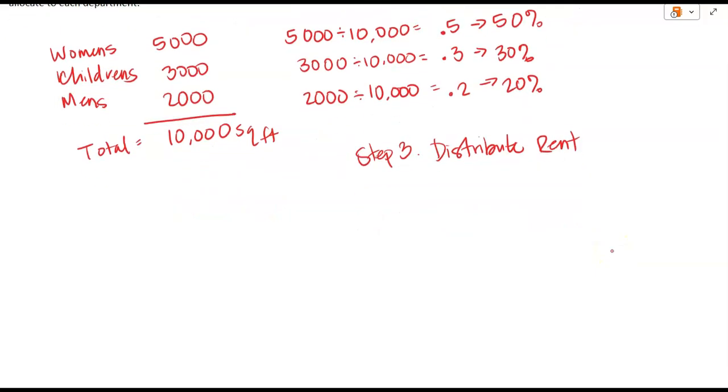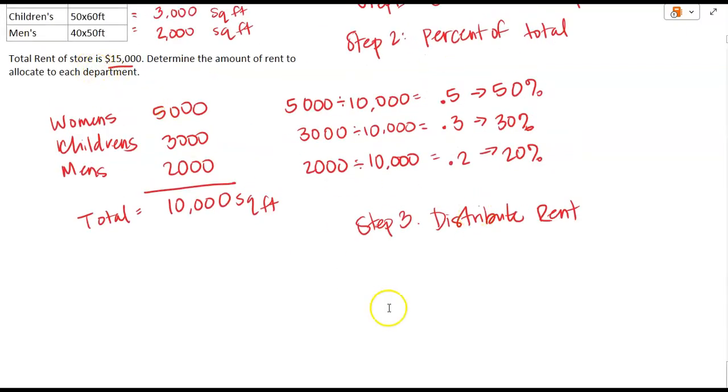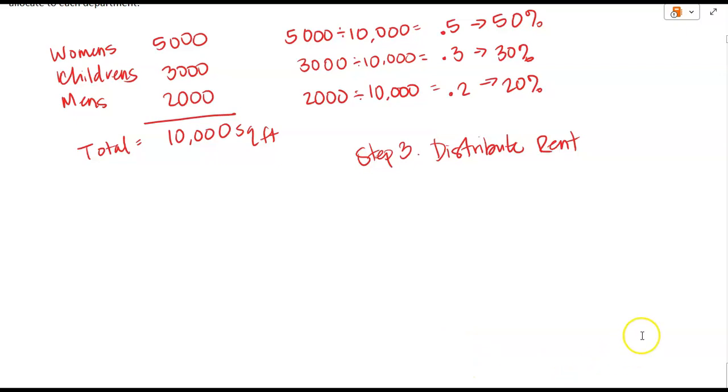So what I'm going to do is take the percentages and multiply them by the total rent. Per our word problem, the total rent of the store is $15,000. I'm going to work on the women's first, then the children's, and then the men's.